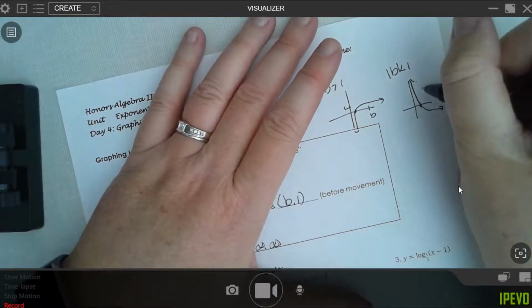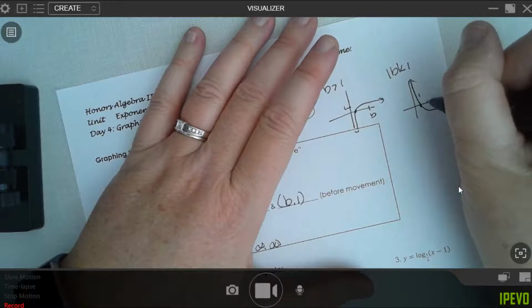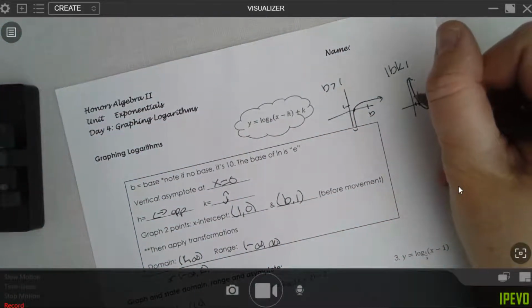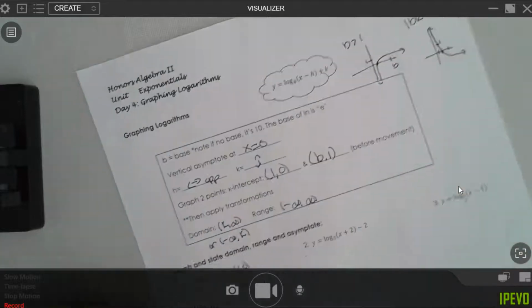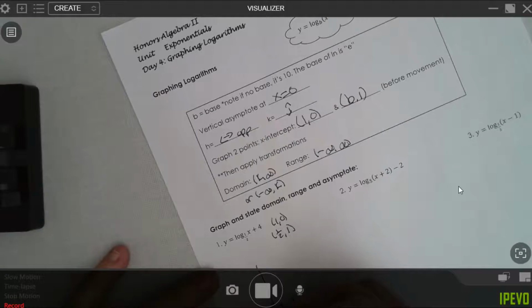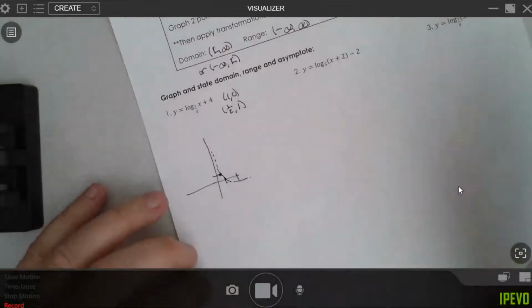You still get (1, 0), and then your b is a smaller number, so it's up here. (b, 1) is up there. So for this one, before any movements, we'd have (1/2, 1) and then (1, 0). It would have looked like this, but I need to move that graph up 4.